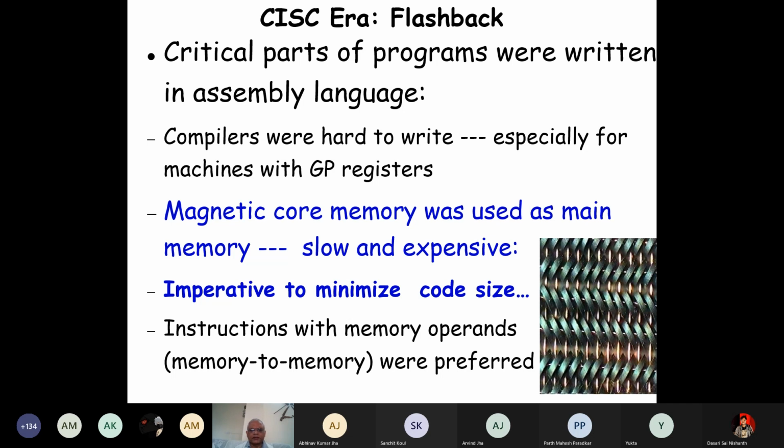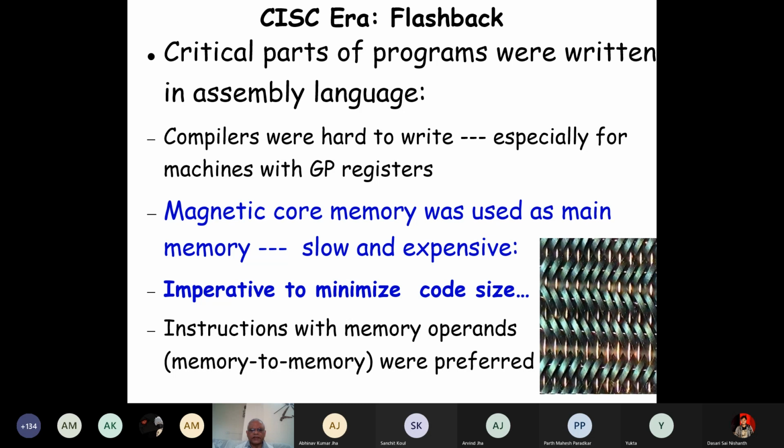Now we have compiler writing tools like the lexical analyzer, the semantic analyzer, the optimizer, where we just specify what we want to do and these tools do everything. But in those days, compilers were handwritten and very preliminary.